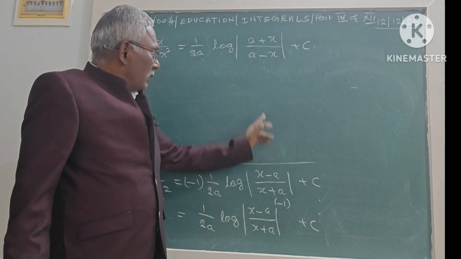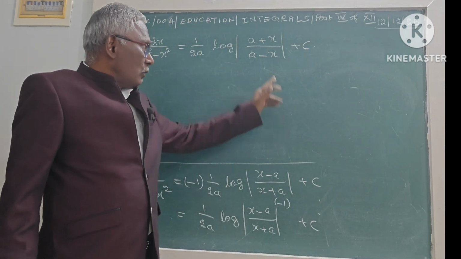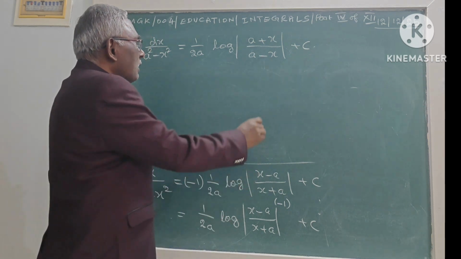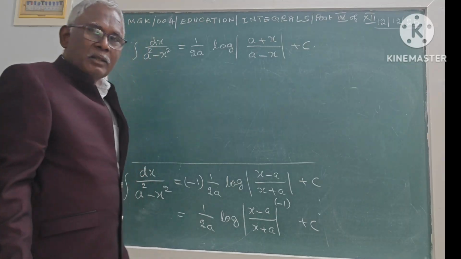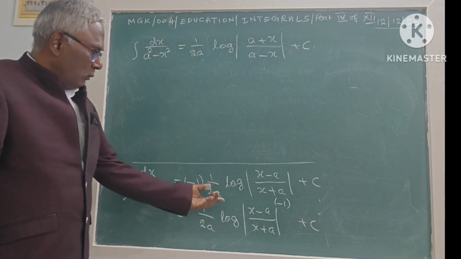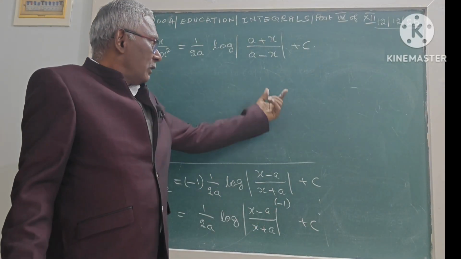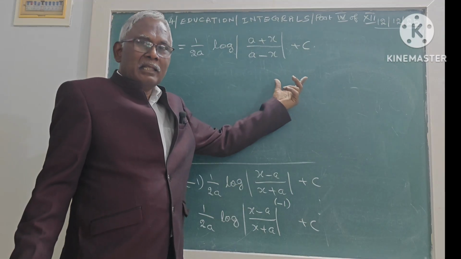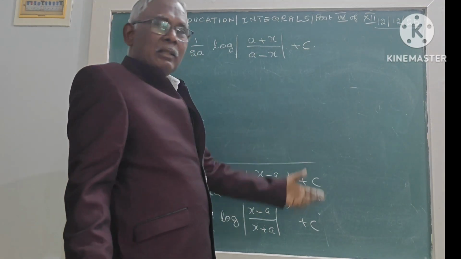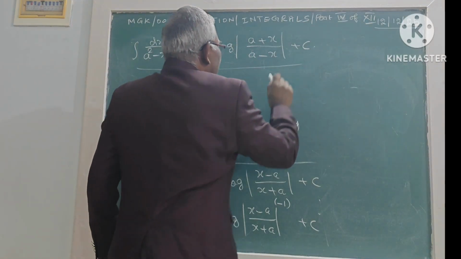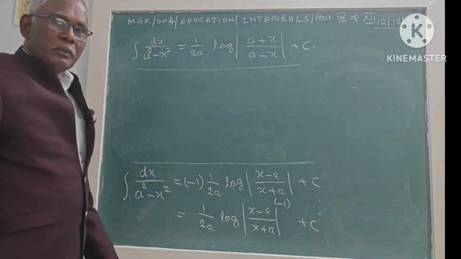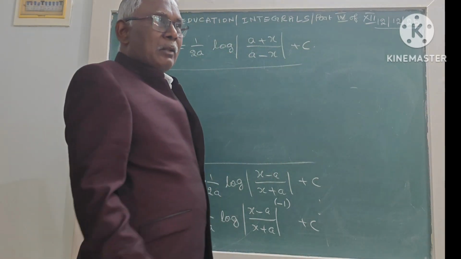Modulus of a minus x and modulus of x minus a are both the same. So we have derived this from the previous formula, but we can do it directly.